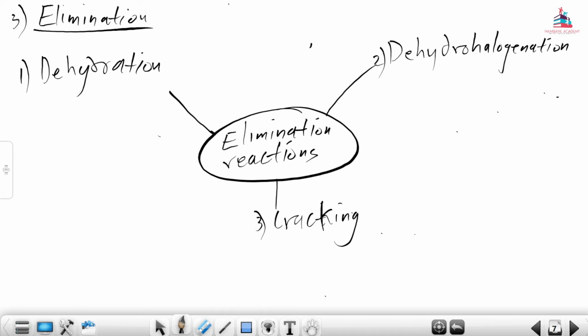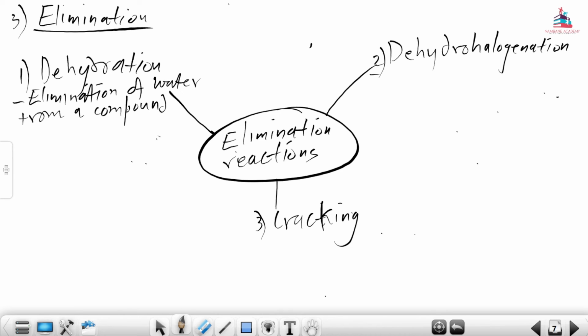Dehydration is the elimination of water from a compound, usually an alcohol. So elimination or removal of water from a compound.